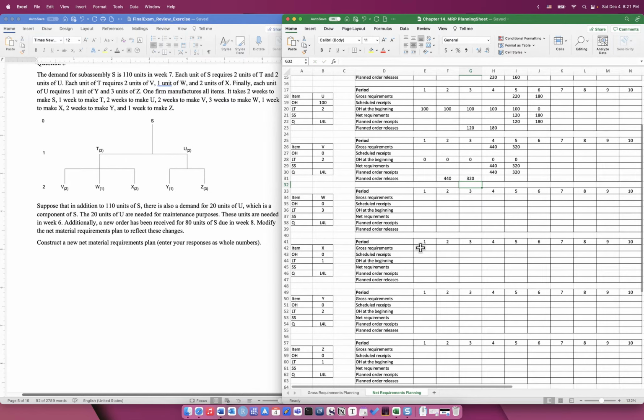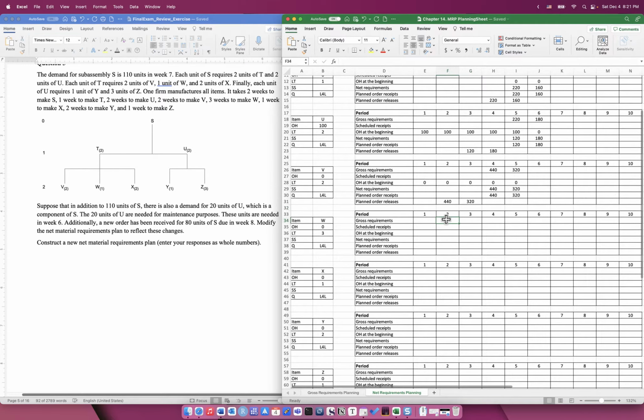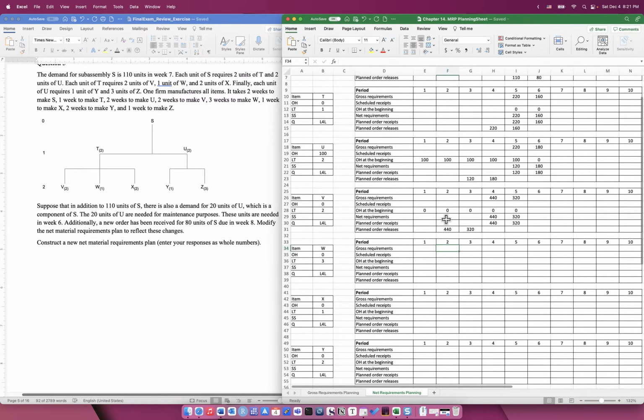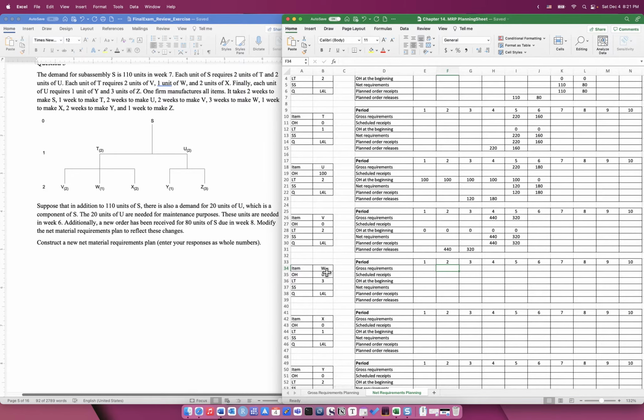I'm not sure whether I should keep going. I hope you're getting there, assuming that you didn't know anything about MRP before you got started. With W, 1 unit of T needs 1 unit of W. So for W, when do you need T? T is here.